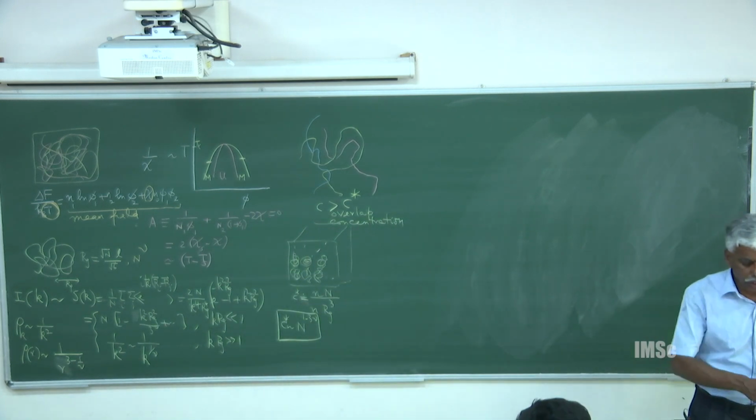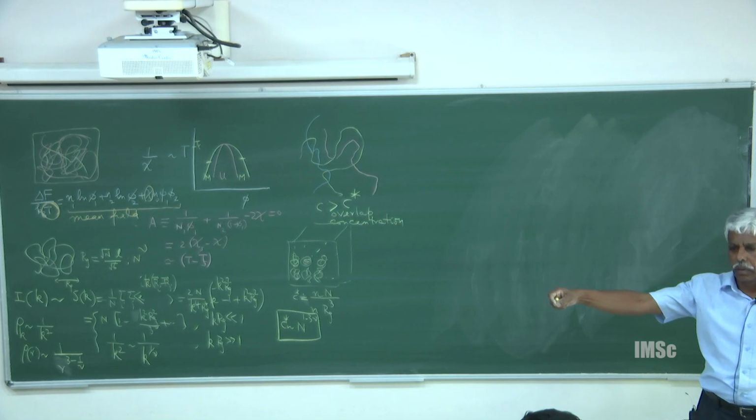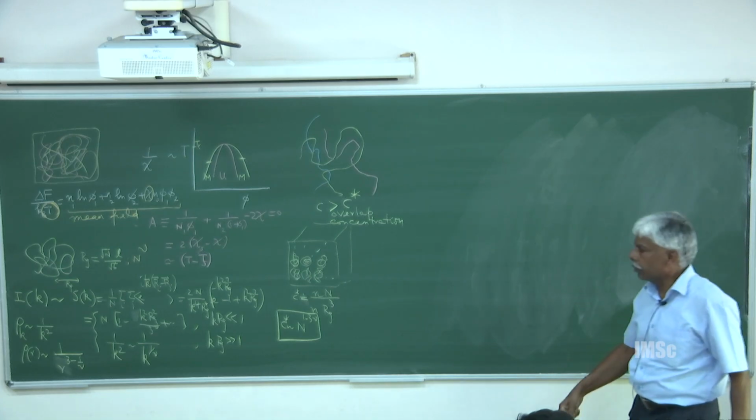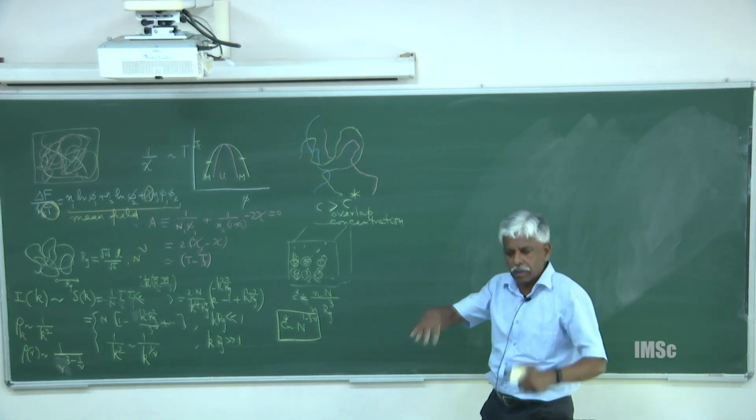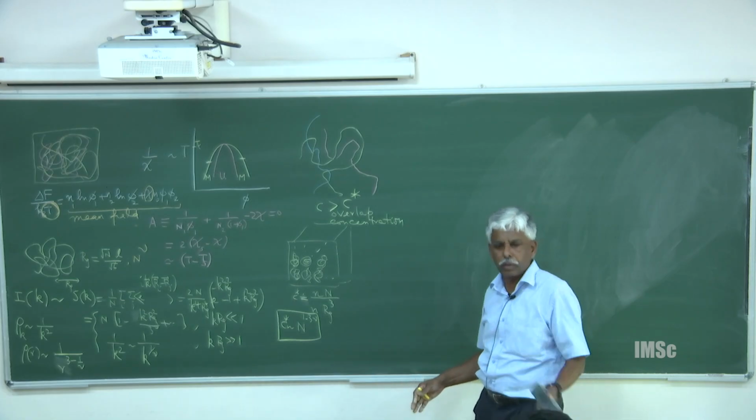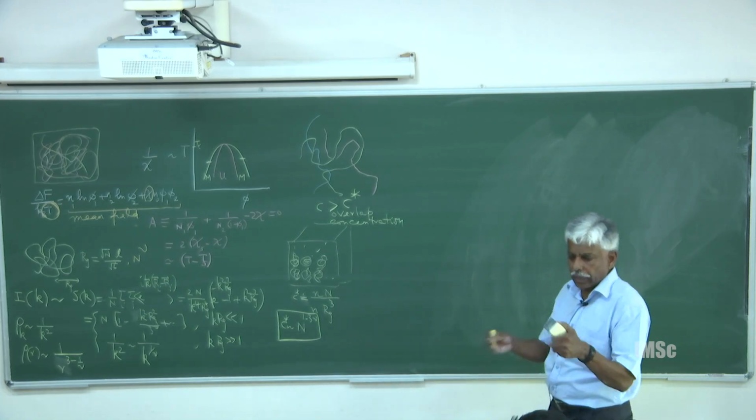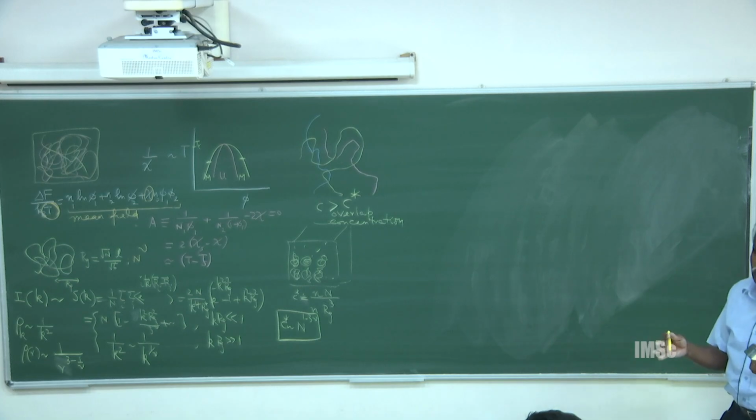You are not talking about a rod. If it is a rod, then you have liquid crystallinity and other complications. We are not talking about that. This is a flexible chain which has a certain radius, and when you bring multiple chains together, they pack until they begin to interpenetrate. If you increase the concentration beyond that, they will begin to interpenetrate.